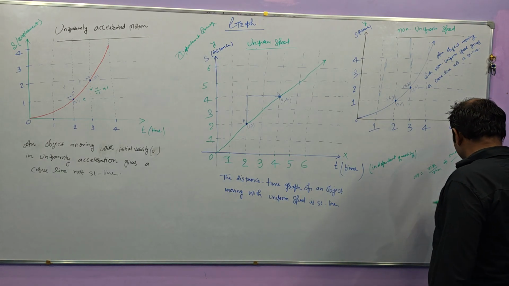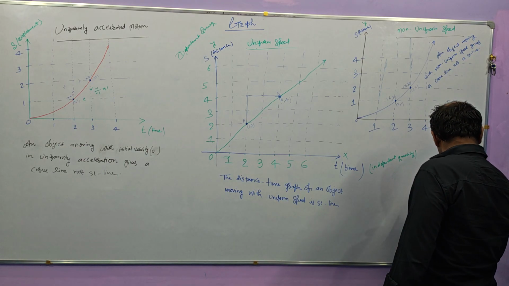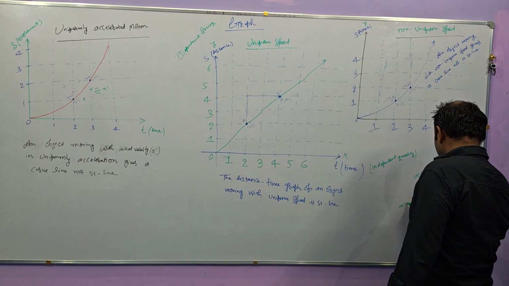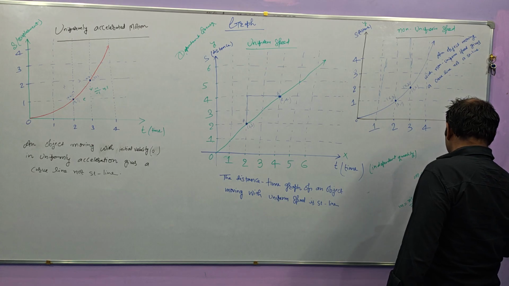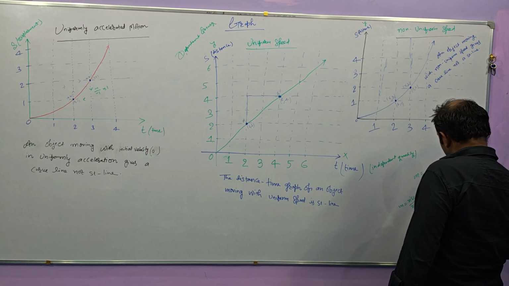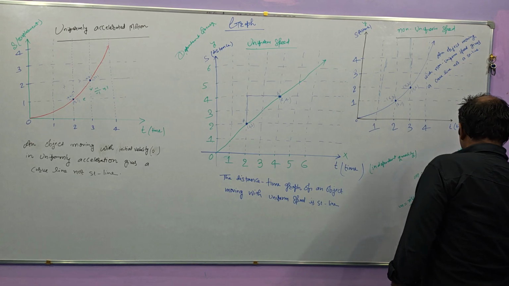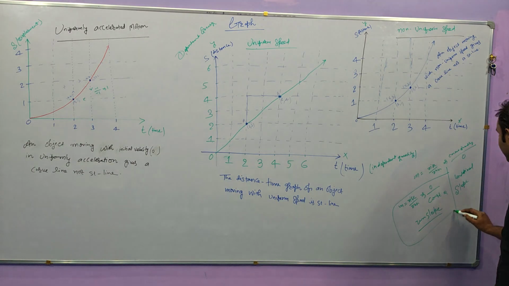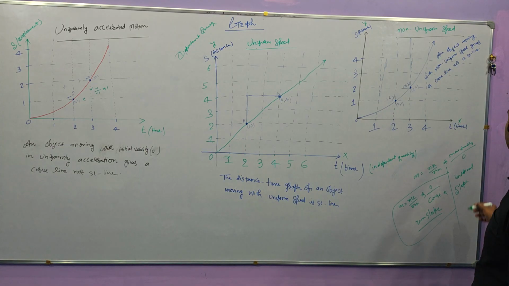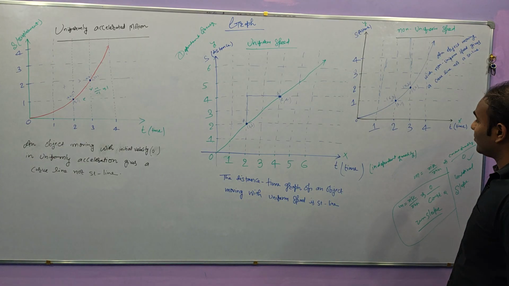In a zero slope, m is equal to rise upon run, that is 0 upon some constant quantity. That is our zero slope, otherwise it is undefined.